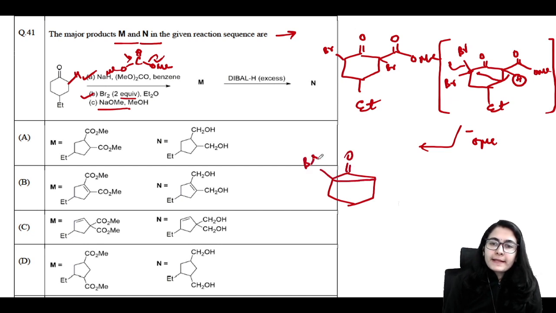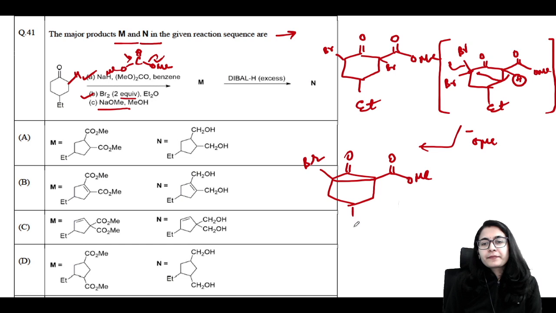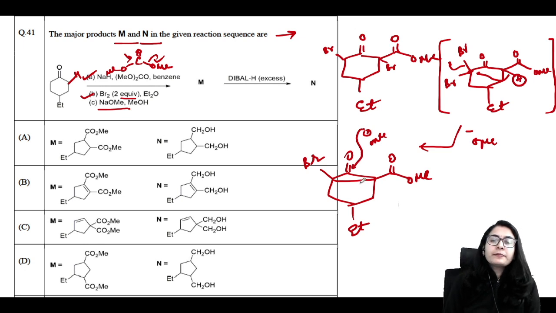All right, let's say you've got the bromide over here. In that case, when the OMe attacks on the carbonyl, on this ketone, one of the bonds will open up. From which side? Let's suppose on this side, because here you have the ester. Let's say it opens up on this side. You have a 5-member ring.